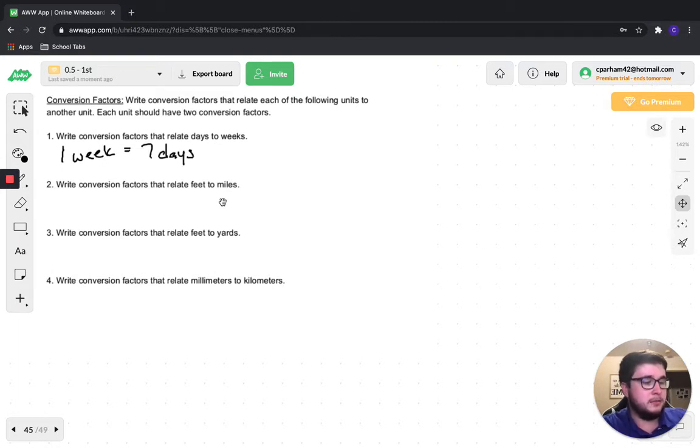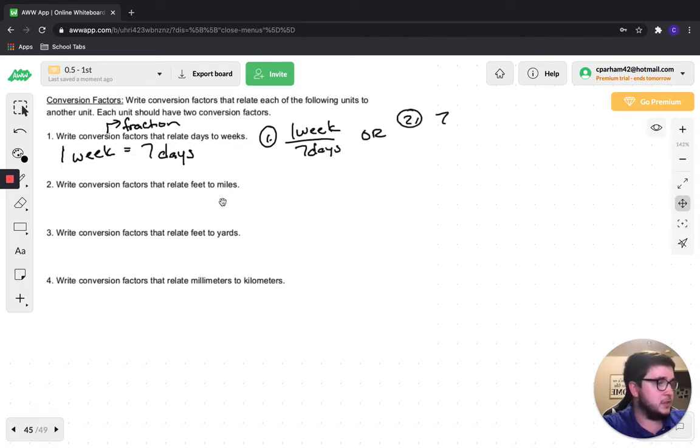So remember that a conversion factor is a fraction. And I can write two fractions with these numbers. I can have weeks on top or I can have weeks on bottom. So my conversion factors would be 1 week over 7 days, or 7 days over 1 week.